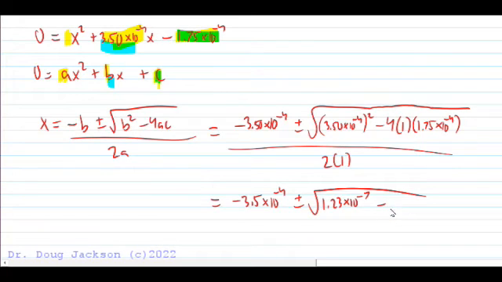Minus 4 times A times C is 0.1237. All that under, and again, we're going to be adding because that's a negative right there. Sorry about that. Missed that a second ago. See how easy it is when you're carrying it over.